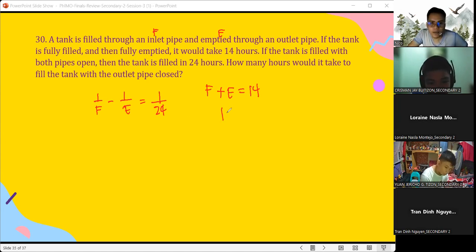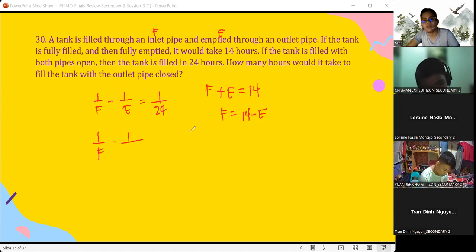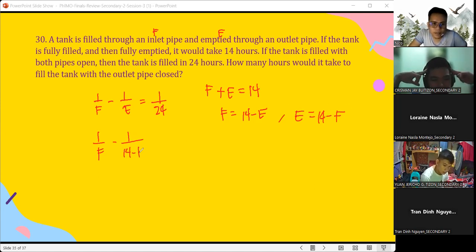So F is equal to 14 minus E, right? So 1 over F minus 1 over E, let's use E here, E is 14 minus F, so 1 over F minus 1 over (14 minus F) is equal to 1 over 24. So you can solve already for F here.